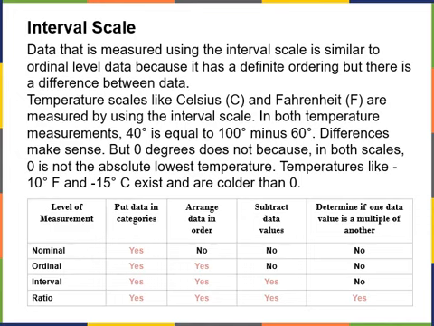The higher the number, from 0 to 100 or whatever, the hotter the temperature is. But 0 degrees does not mean no temperature, because in both scales, 0 is not the absolute lowest temperature. Temperatures like negative 10 degrees Fahrenheit and negative 15 exist and are colder than 0. So these two temperature scales measure the same thing. They measure temperature. They just have a different range.